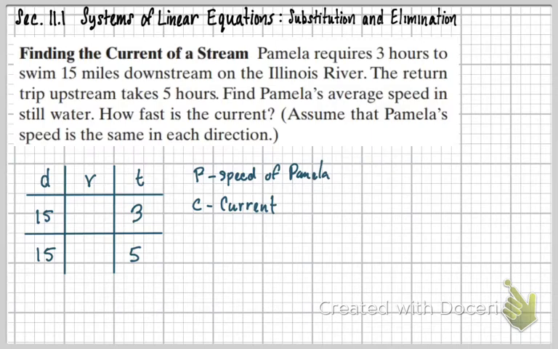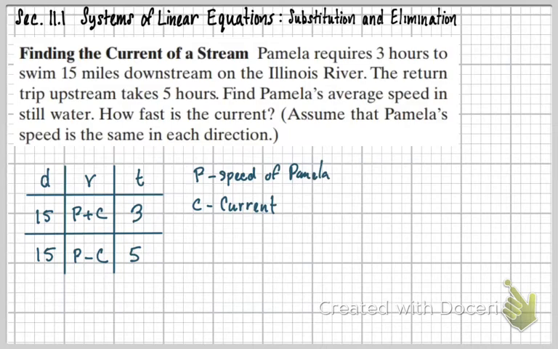Now think about this. If I'm going downstream with the water, that current is helping me. And if I'm going upstream, going against the current, that current is hurting me. So I'm adding C or subtracting C here.